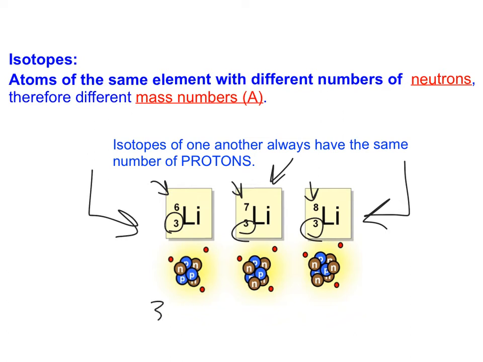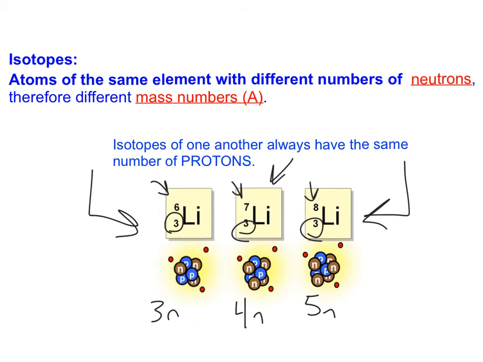Lithium-6 is going to have 3 neutrons, right? 6 minus 3. Lithium-7 is going to have 4 neutrons, 7 minus 3. Lithium-8 is going to have 5 neutrons, 8 minus 3. So different numbers of neutrons gives you different mass numbers, even though those are all the exact same element. So we would say that these 3 atoms are isotopes of each other.